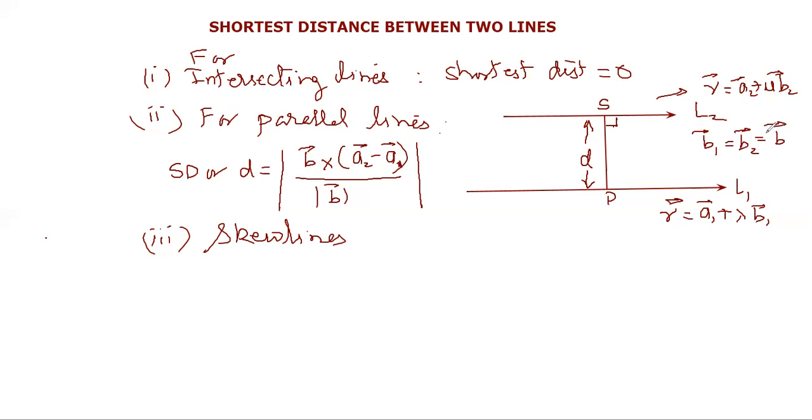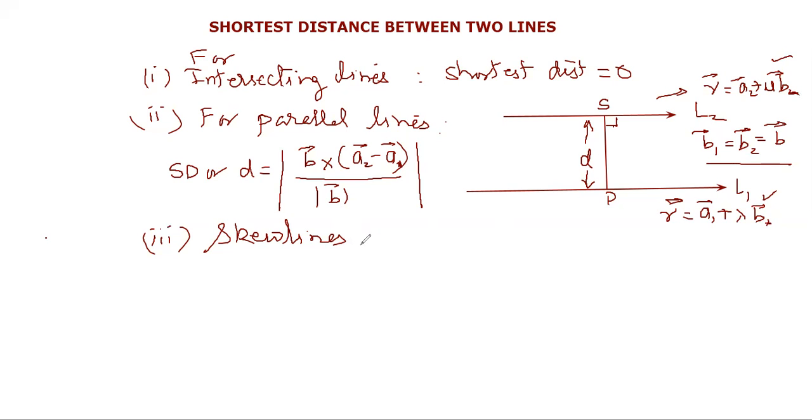Got it? Yes, for parallel lines, B1 is equal to B2. So we used to write only B here. So B1, B2 is equal to B for parallel lines. So no need to write 1 and 2 here.